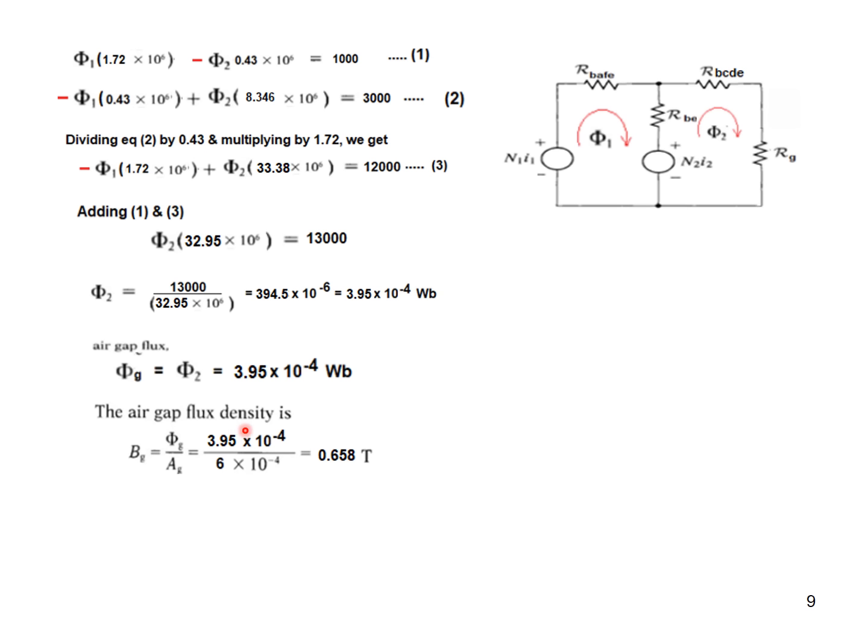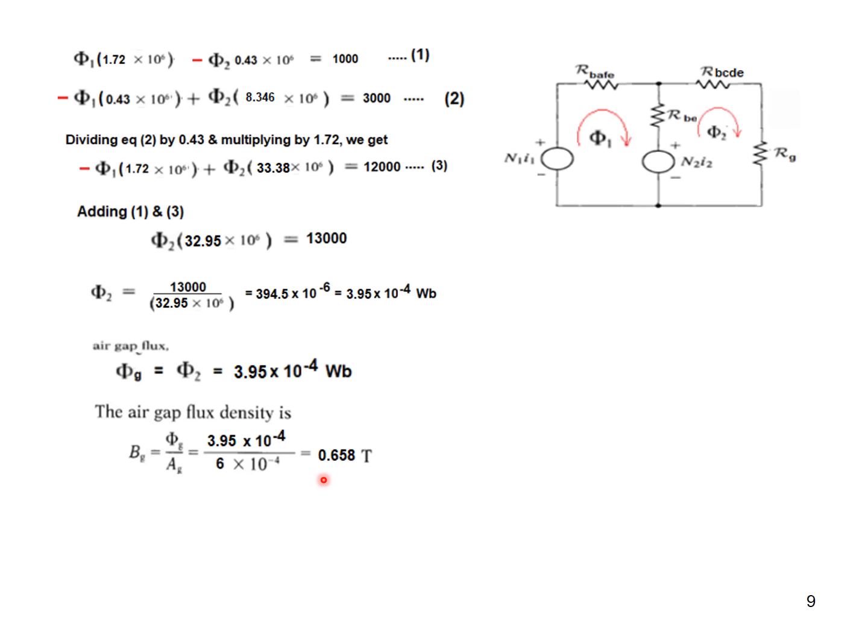And the air gap flux density is phi g over Ag. So writing the value of phi g from here and the value of air gap, Ag is the area of cross section. So 6 into 10 raised to the power minus 4, area of cross section of the air gap. It is same as the area of cross section of the core.